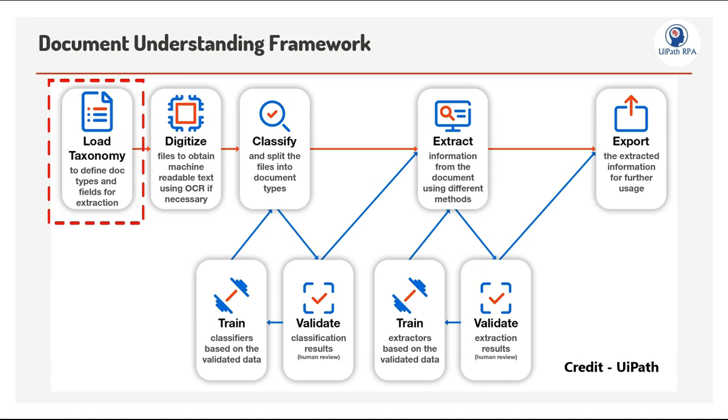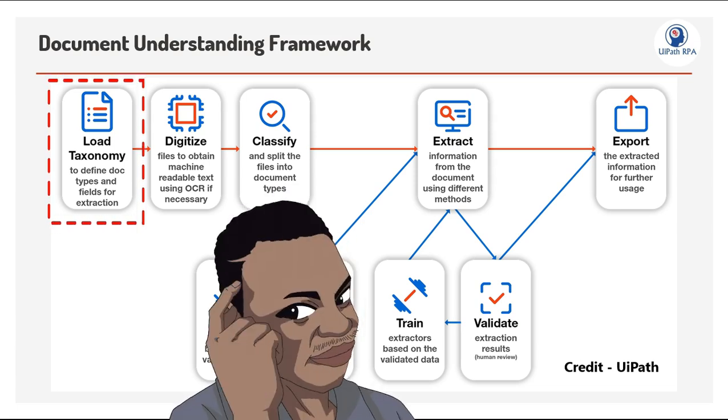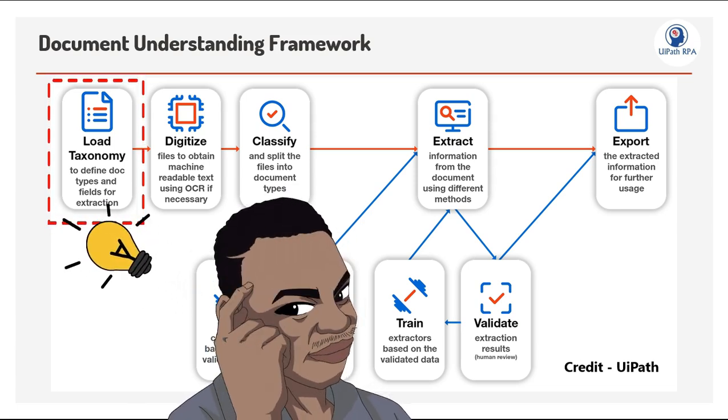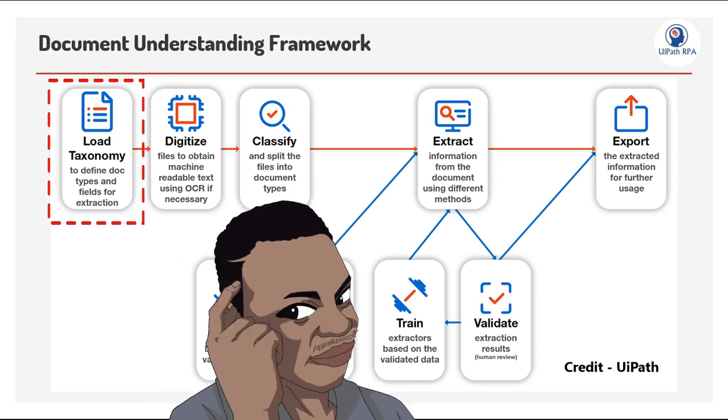In a similar way, what the bot does, in the DU workflow we have a Taxonomy Manager where we need to define what types of documents. Currently in real life we are storing these things in an Excel file, or we are also storing them in our brain, in our mind, that okay, I need to fetch these things and write them into the Excel file.